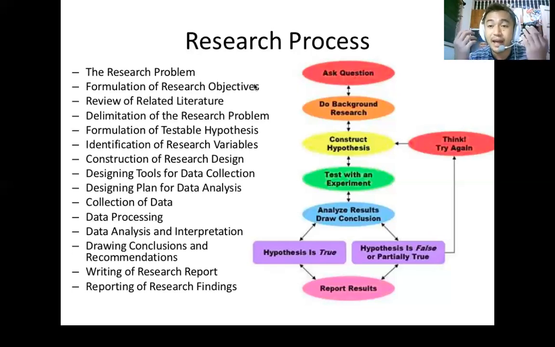Then the people have to know about it, because again, research is for us to make our lives easier. Meaning to say, you are basically solving a problem, or if not, you could actually recommend something on that. Okay, that's the totality of the research process.